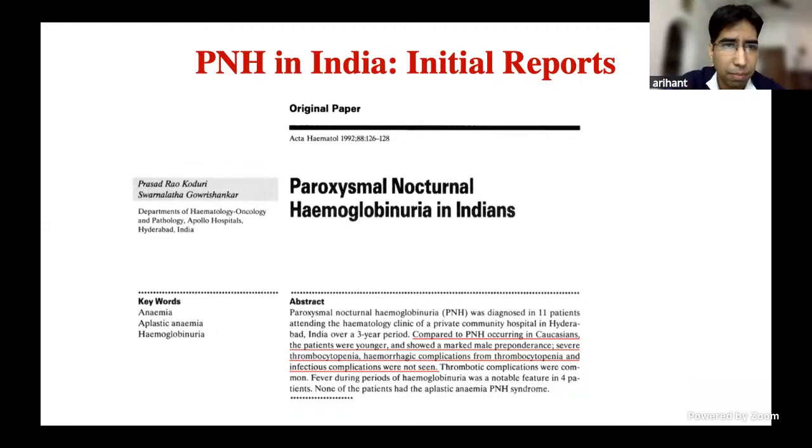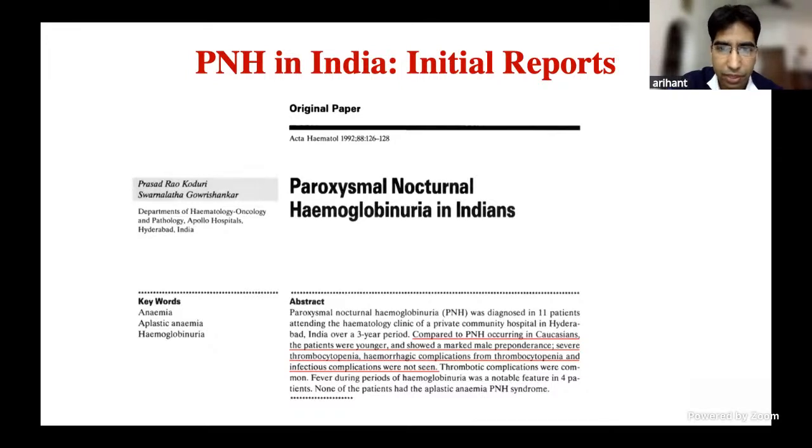This is a paper from the Apollo group in Hyderabad in 1992 in Acta Haematologica, where they described 11 patients of PNH and compared the Indian PNH with the Caucasian group, and they said that the patients were younger and had a marked male preponderance. This male preponderance has been shown in a couple of studies from Asia, from Thailand and China, and a few initial reports from India as well.